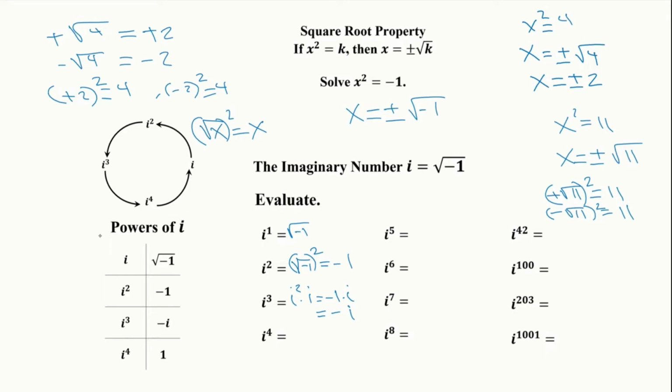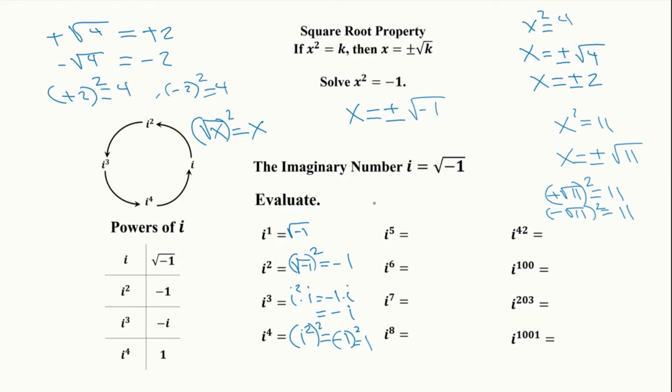How about i to the 4? Well, that's easy. That's just going to be i squared squared, right? So that's (-1) squared, which is just 1. So the fourth power of i actually becomes 1. Now, what is the fifth power of i? Well, think about it.